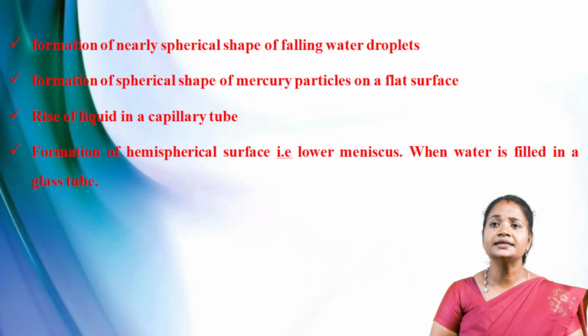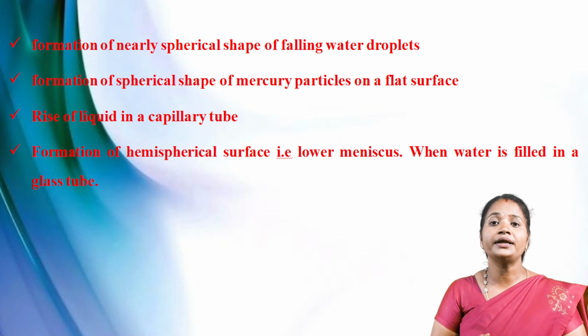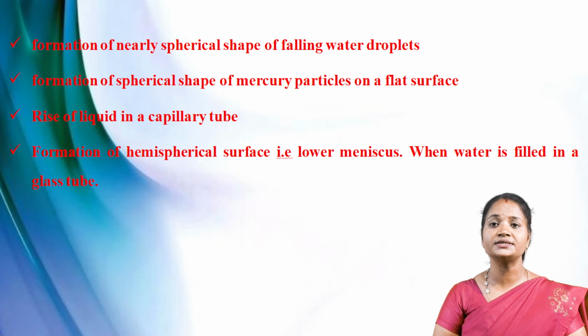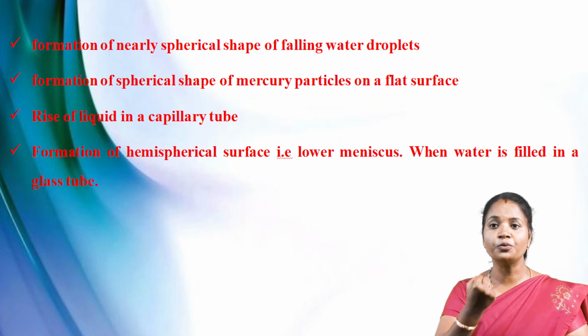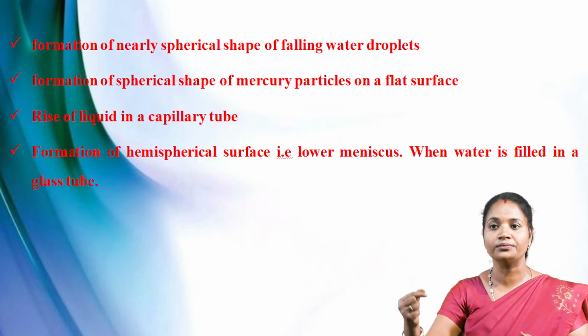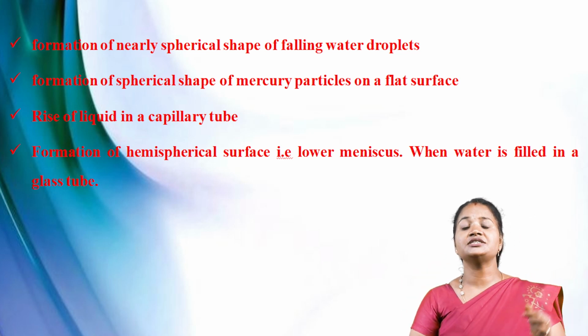We have seen this: when water is placed in a beaker, it attains a lower meniscus. This lower meniscus is due to the surface tension. Why? Because the molecules present at the surface experience an inward pull, and due to this inward pull the meniscus is lowered and attains a semi-spherical shape.